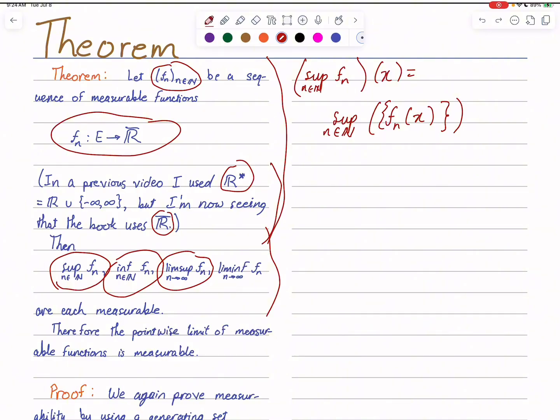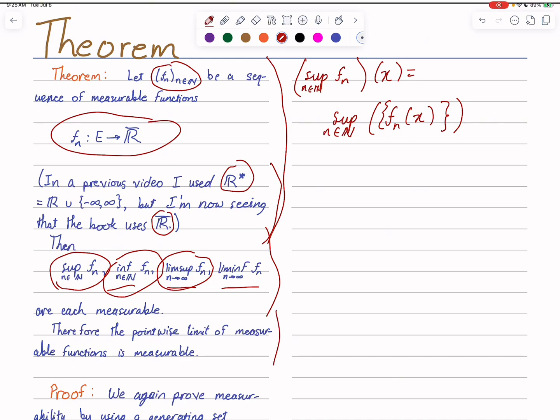Well, you simply take that point, map it according to all of the fn's, and then over that set, you take its supremum. So that is a pointwise definition of this function. And likewise, you pointwise define each of the other functions.